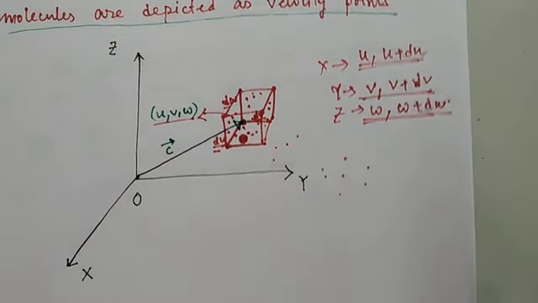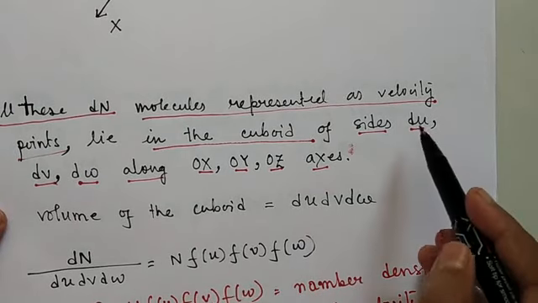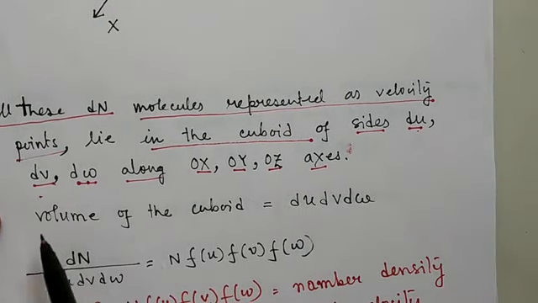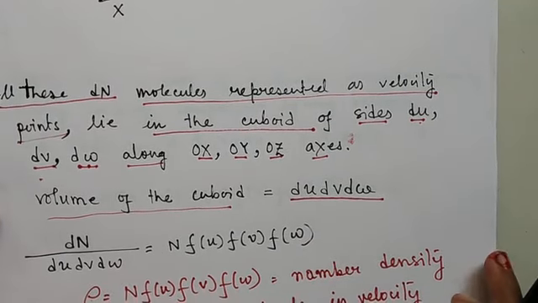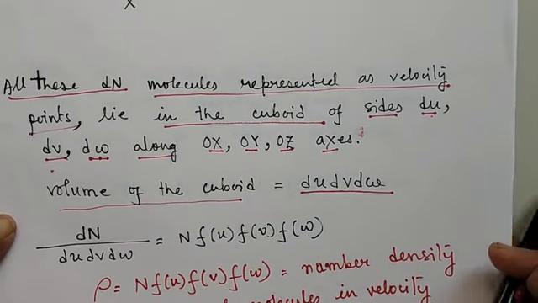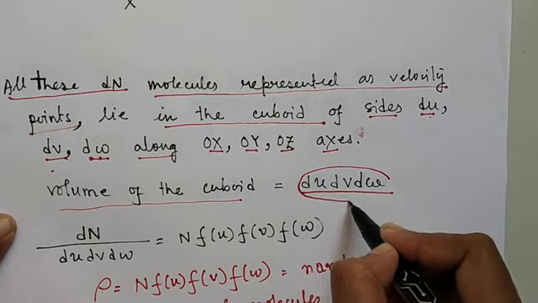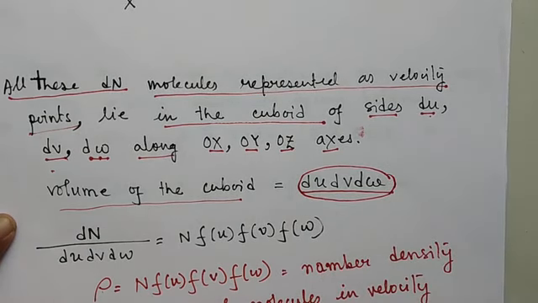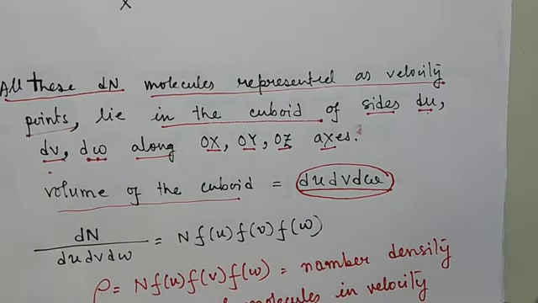The cuboid has sides du, dv, dw, so the volume of the cuboid is the product of du, dv and dw. Within this volume, the number of velocity points representing molecules is dn. So what is the number of molecules per unit volume?